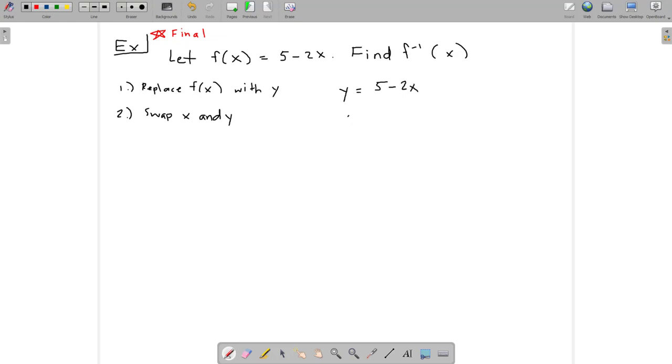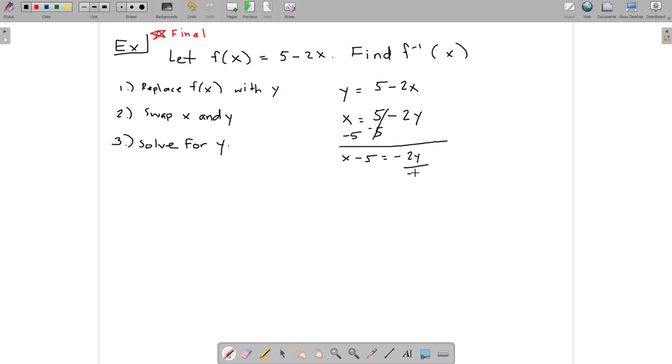So instead of y, it's now x, and then where x was, I'm going to put y. Then we want to solve for y in this new equation here. So I can take my 5 over, subtract that, x minus 5, and then it cancels on this side, so I have equals negative 2y.